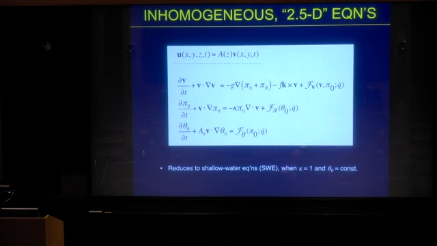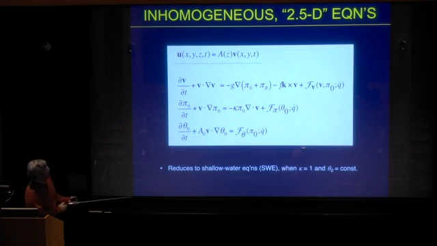Here, 2.5 dimension means it's essentially a sheet of fluid. Here, we're going to envelop the sphere with this sheet of fluid, but this sheet itself is compressible. Okay, so that's where the half dimension comes from.